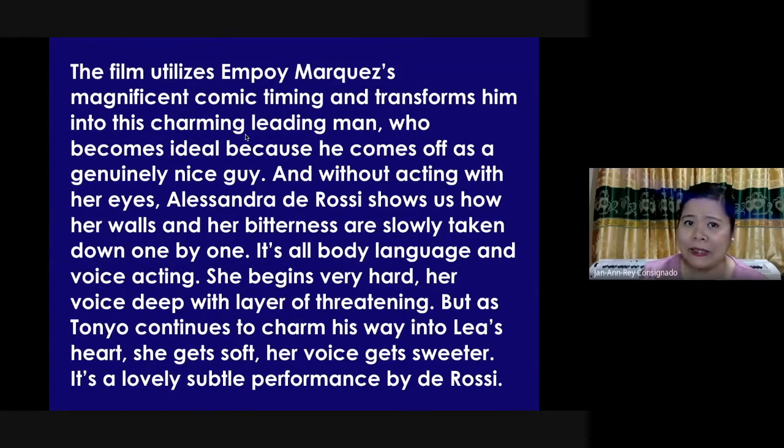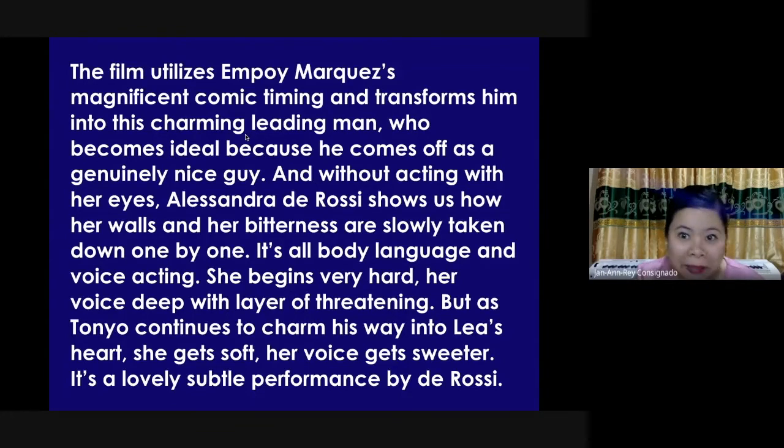The film utilizes Empoy Marquez's magnificent comic timing and transforms him into this charming leading man who becomes ideal because he comes off as a genuinely nice guy. And without acting with her eyes, Alessandra De Rossi shows us how her walls and her bitterness are slowly taken down one by one.